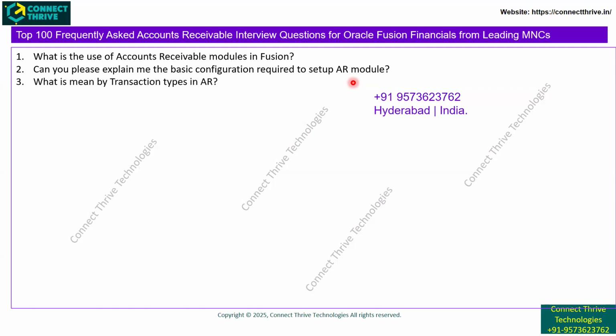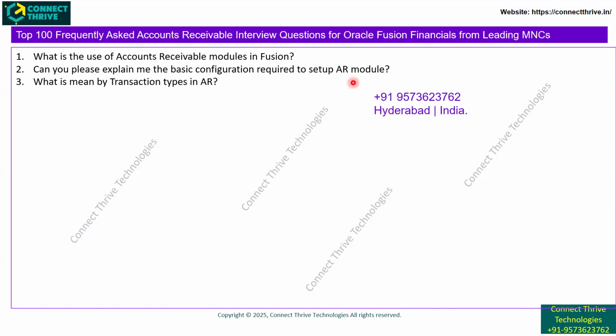Okay. The next one: what is meant by transaction type in our AR? The transaction type is mainly used for the nature of the invoice which we are creating in our AR module. Depending on the transaction you are performing in real time, accordingly we can create any transaction type.